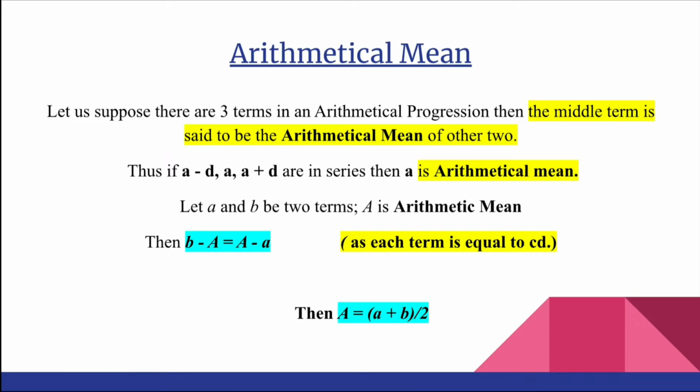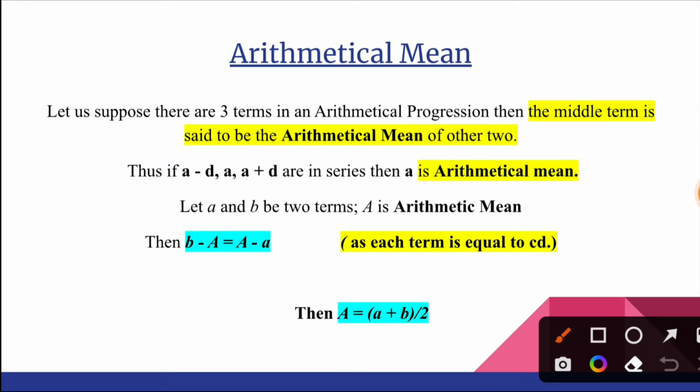But here we are going to discuss the mean of an AP. So let us look at it and just follow it. We are given two extreme terms, small a and small b, and we are given a middle term, capital A, right?